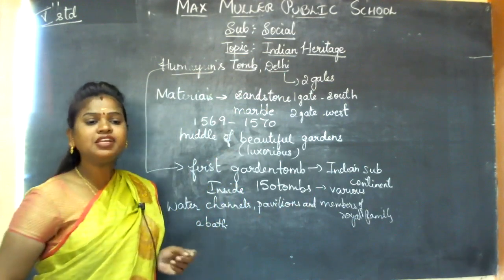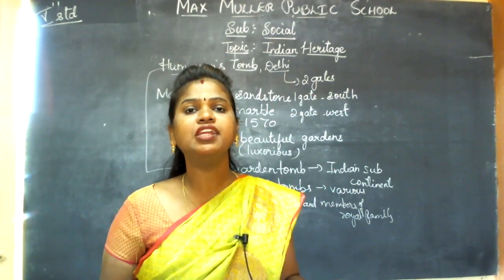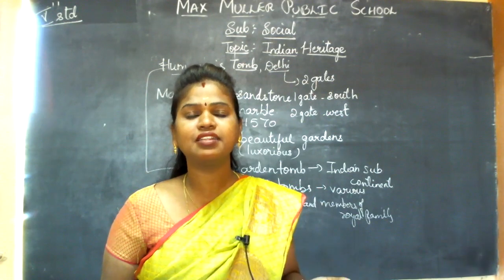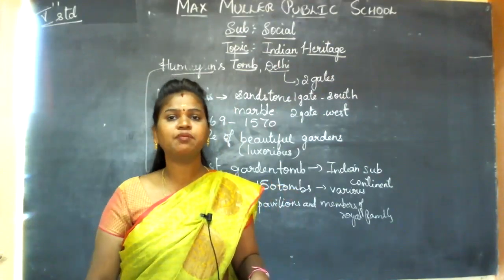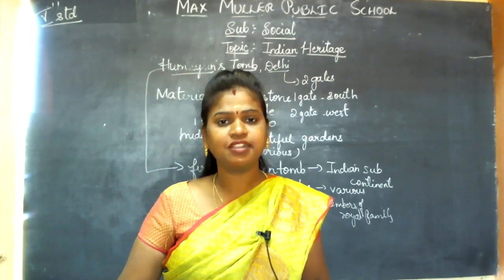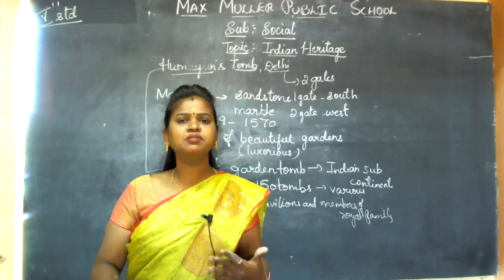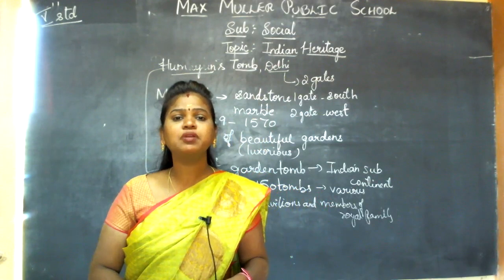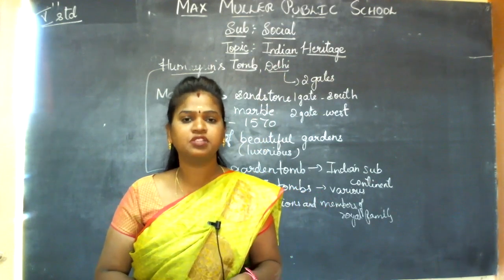What do you mean by pavilions? What is the meaning of pavilions, children? A pavilion is a type of restroom where we can take some rest or change our dresses. And even we can take a bath. What is the meaning of bath? There is a small swimming pool where we can take a bath. So this is about Humayun's tomb.